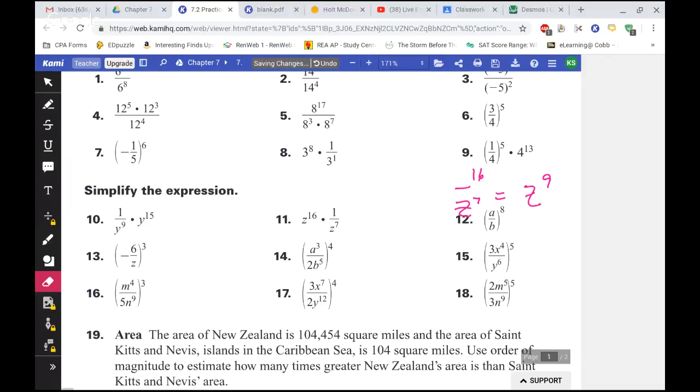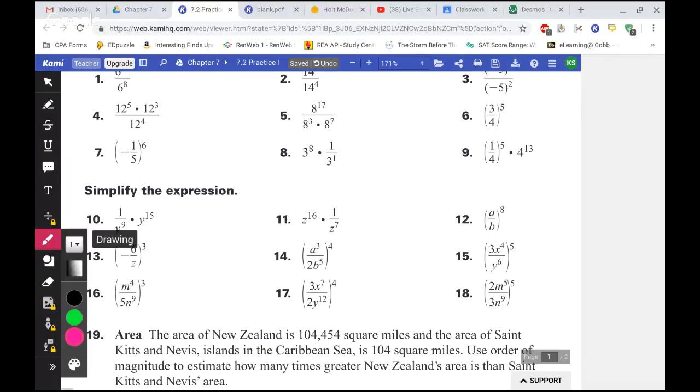On number 12, would you just put a to the 8th over b to the 8th? Well, vice versa? Yes. Poor Mary Faith, you and I are two peas in a pod. I say things like that all the time. A to the 8th over b to the 8th. Yes, that is it exactly.